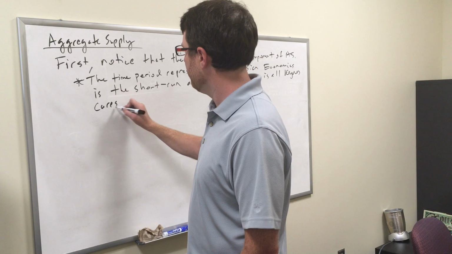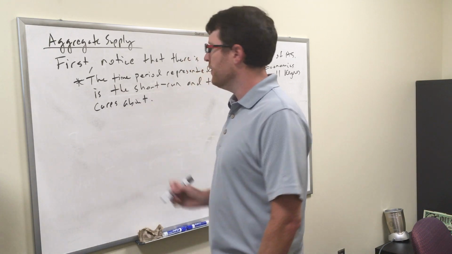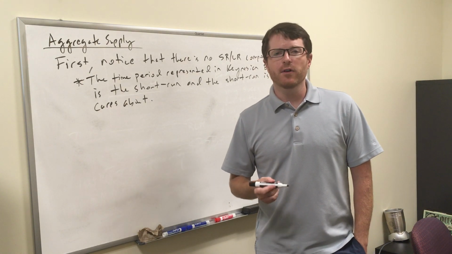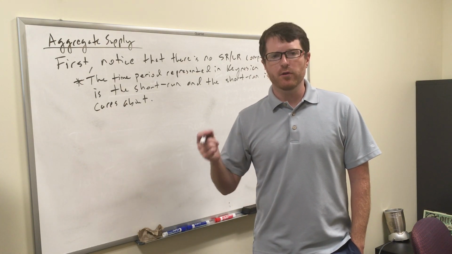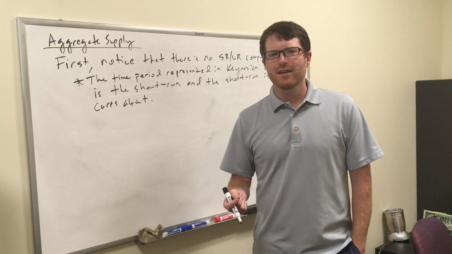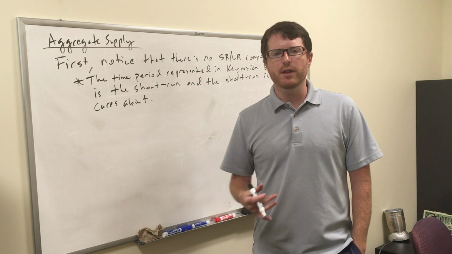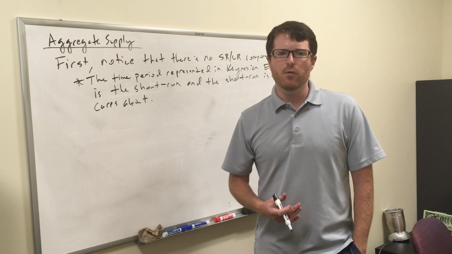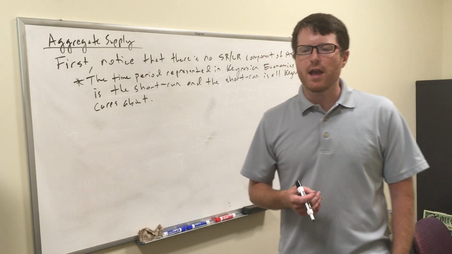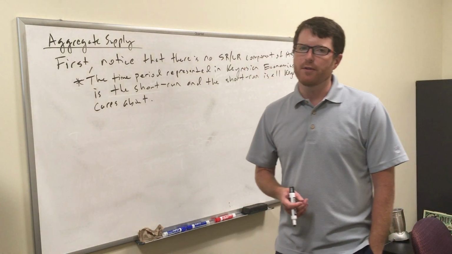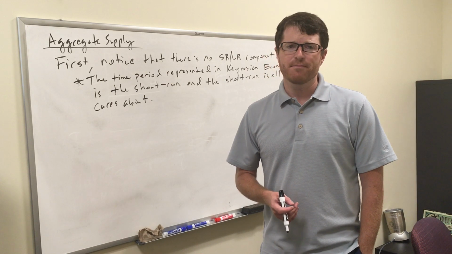Because after all, in the long run, according to Keynes, we're all dead. So he's not going to focus on the long run. He's going to focus on today. He's going to focus on today and tomorrow, right? Because those are the time periods we live in. But let's not focus on what's going to happen 3 years from now. Let's focus on what's happening now. So the aggregate supply curve that you're going to see in the Keynesian model has no long run component. It really is just the short run, okay?